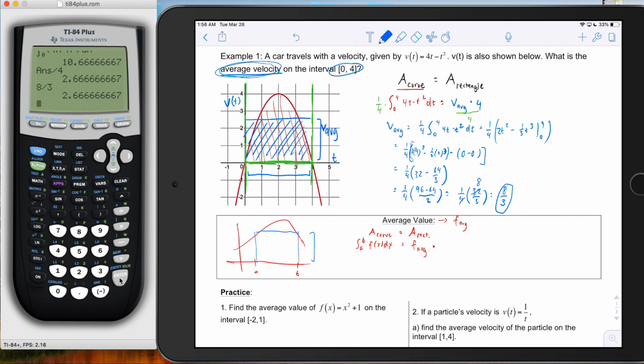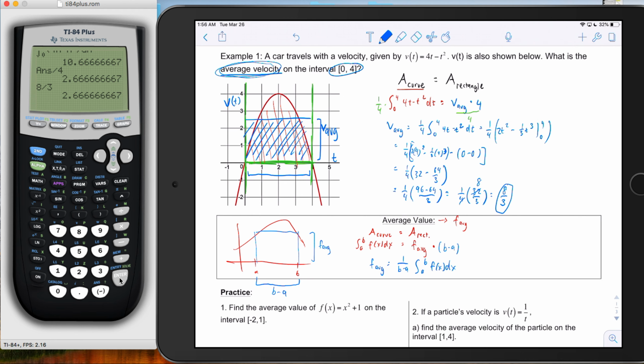So for my blue rectangle, that's my average, and my base is going to be b minus a right there. So for our final equation, an average value is going to equal 1 over b minus a times the integral from a to b.